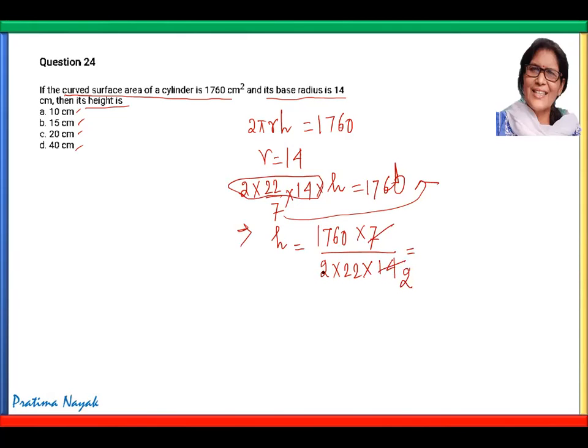Then you can either divide with 2, 2, 2 or directly you can divide with 11, 22 also. So I am dividing with 11. 11 1 times 11, 11 6 0. 11 2 times. So what I am getting? 160. I am writing clearly here. It will be 8. So 8 2 times 16, 20. So answer is 20 centimeter. Where is the answer? C is the answer. So C is the answer of this question.